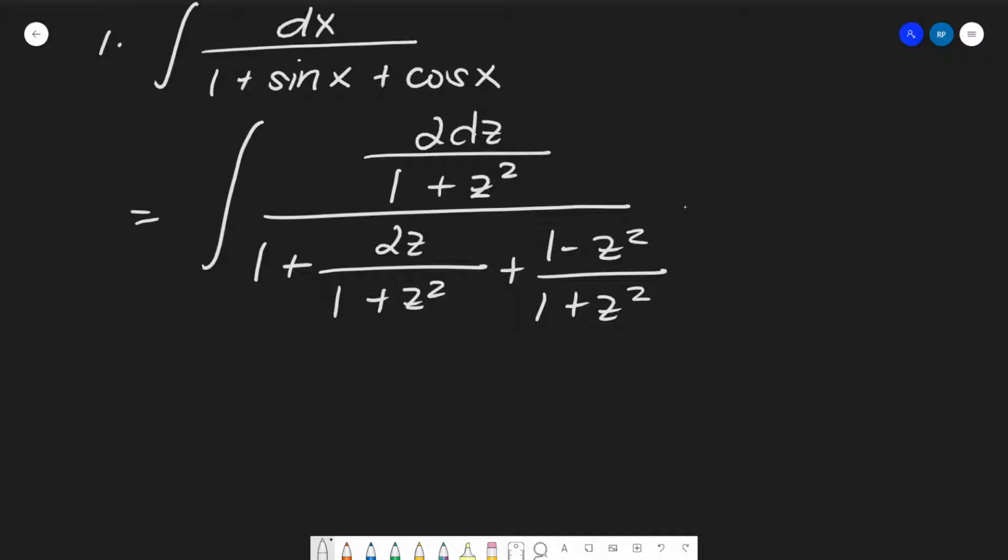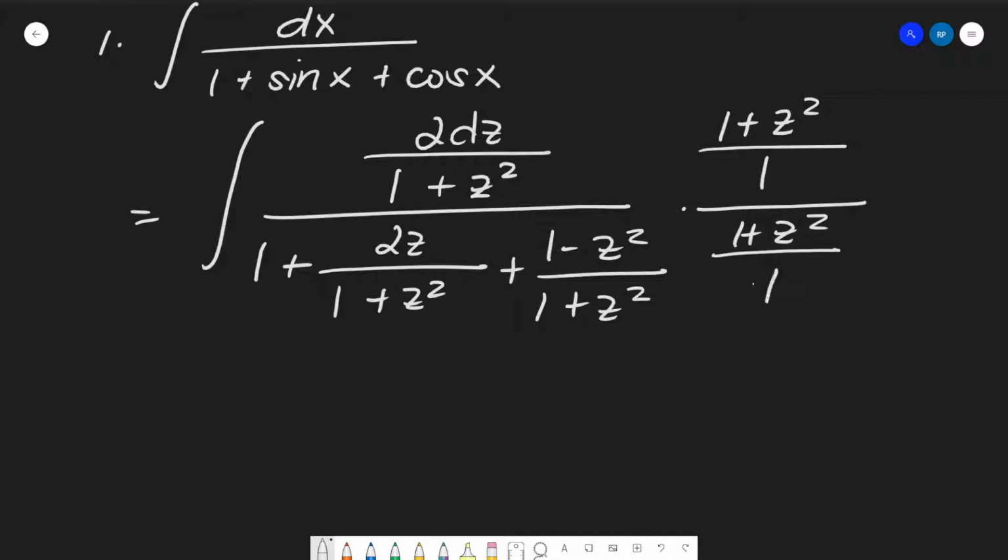To simplify our complex fraction, we are going to multiply by 1 plus z squared over 1 plus z squared. For the meantime, I will use 1 plus z squared over 1, all over 1 plus z squared over 1.